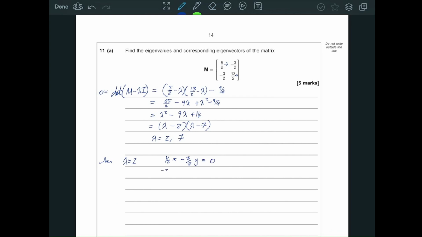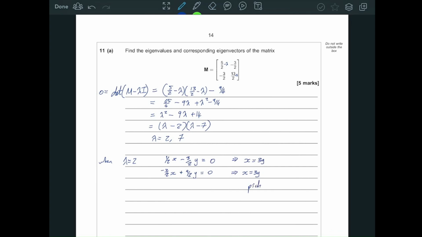And negative 3 over 2x. 13 over 2 minus 2 is 9 over 2, minus 9 over 2y, or positive 9 over 2y. So that top equation becomes x equals 3y. The bottom equation, move that over, is x equals 3y.